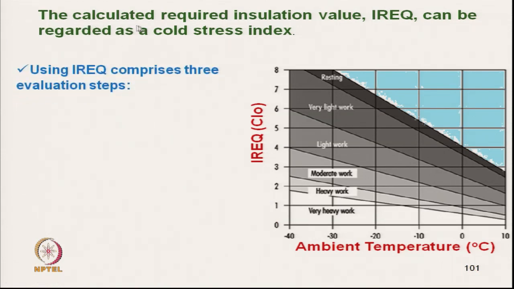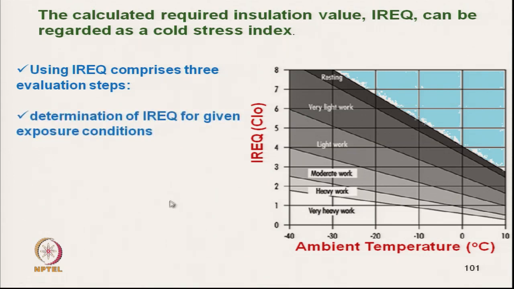Now, the calculated required insulation value can be regarded as the cold stress of a person. Using IREQ comprises 3 evaluation steps. First, we have to determine the IREQ for the given exposure condition, and from this graph we can select the IREQ value.